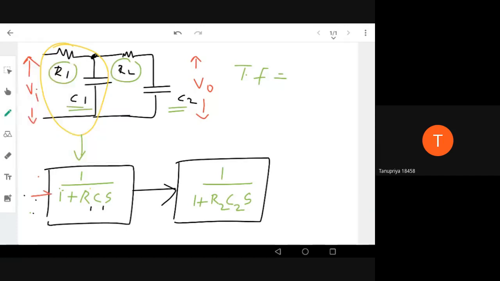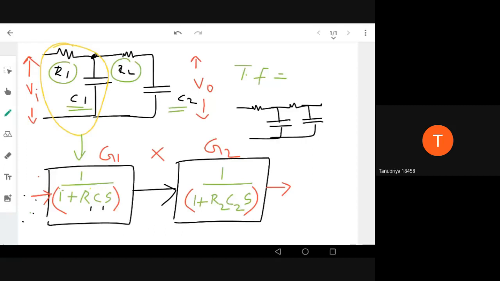I want you to think. This is gain G1, this is gain G2, so the net gain is G1 into G2, right? So does it mean that I can multiply this into the transfer function, or is there any problem here? Sometimes in competitive exams they ask a circuit like this.